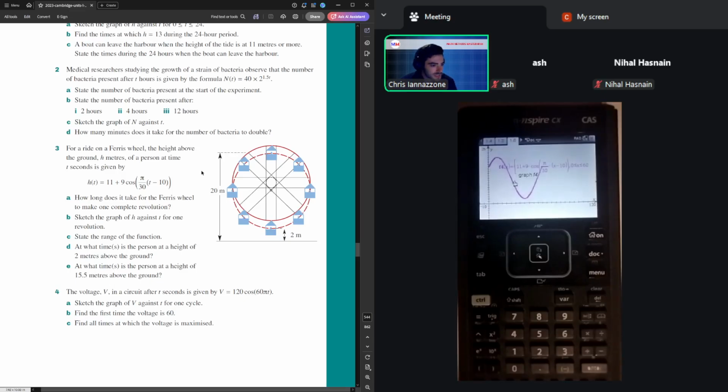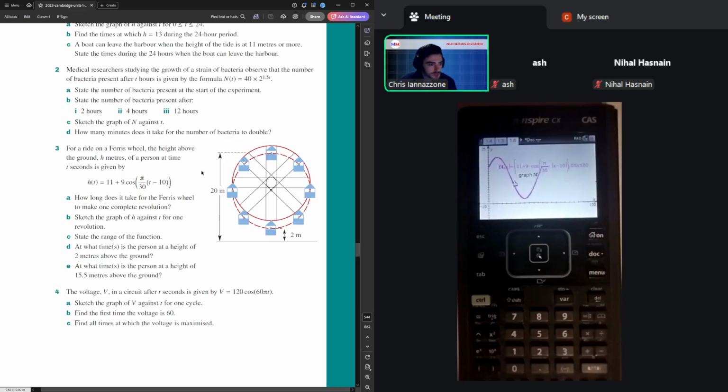At what times is the person at a height of 2 meters above the ground? A couple of ways you can now do this with the graph that we have. One way to get a quick and dirty answer would be to use the graph analysis tools.